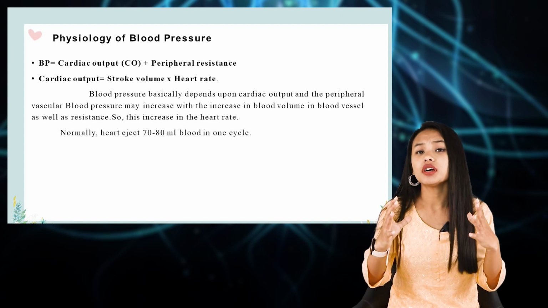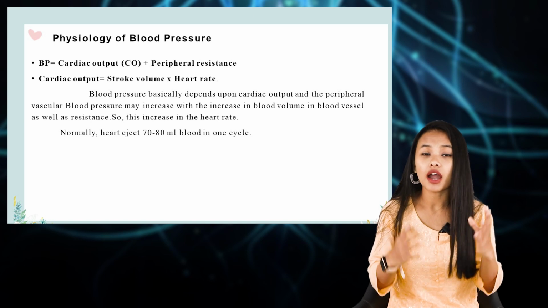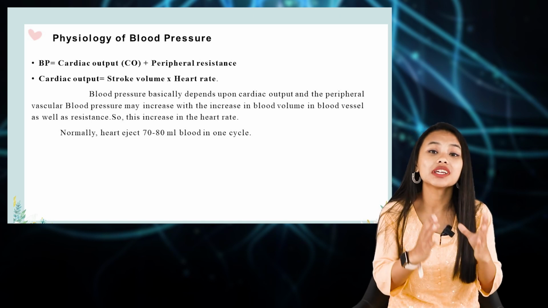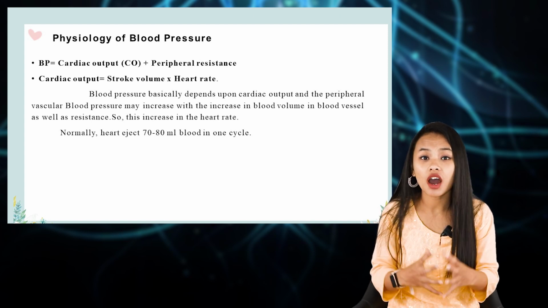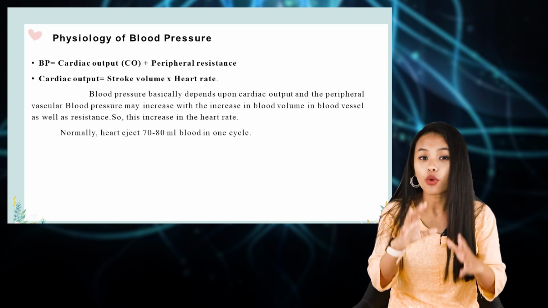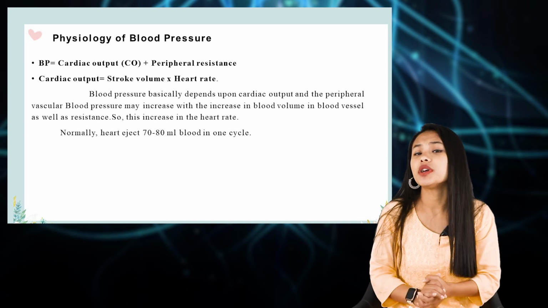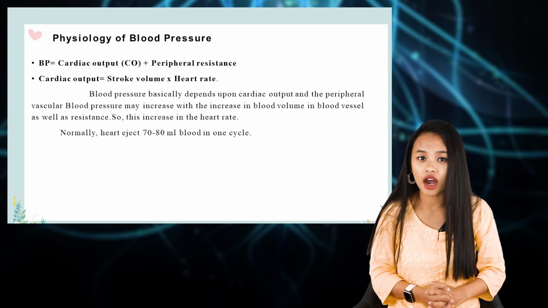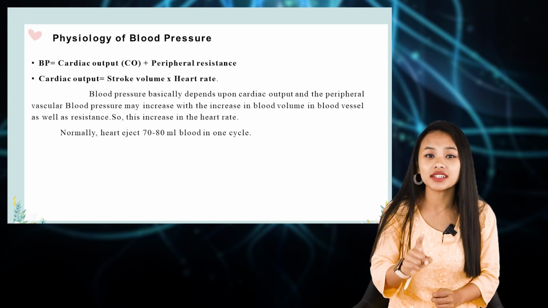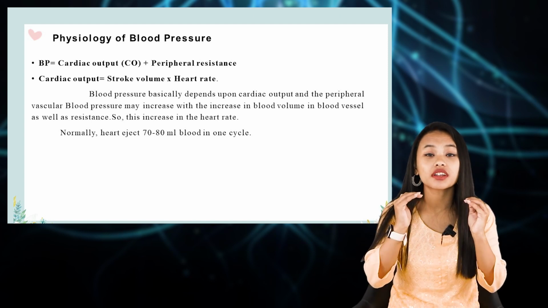To clear your confusion, the cardiac output is defined as the amount of blood ejected by the heart in 1 minute, whereas the stroke volume is the amount of blood ejected by the heart in one cycle. So do not forget this and don't get confused.